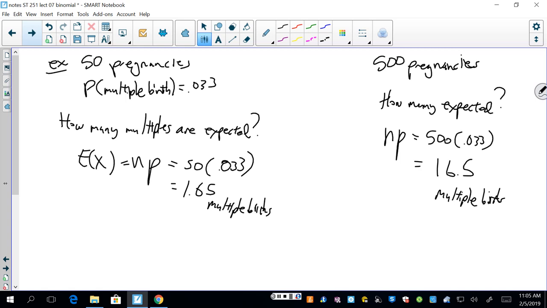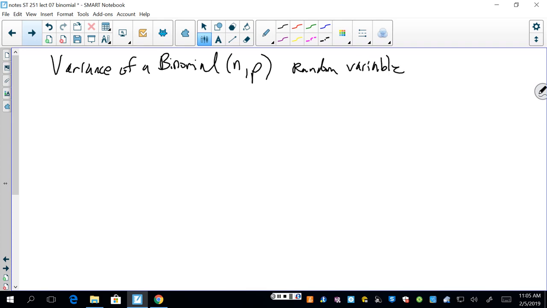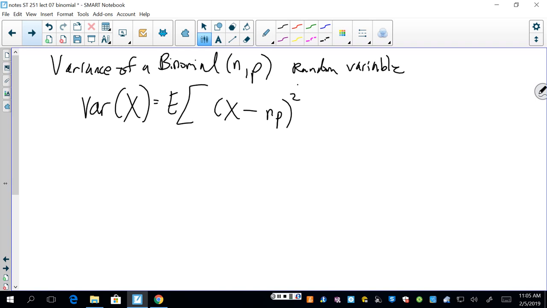Standard deviation. But any questions about applying that? We also can look at the variance of a binomial random variable. Now the variance of a random variable is the expectation of that variable minus its mean, which is np in this case, squared.